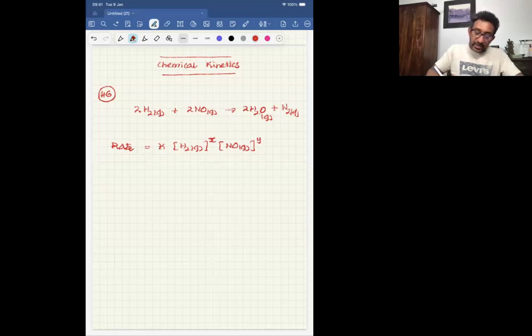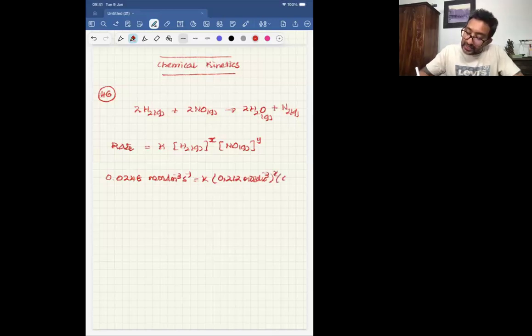Let us substitute the initial rate, 0.0248 moles per cubic decimeter per second is equal to k times 0.212 moles per cubic decimeter to the power x, 0.136 moles per cubic decimeter to the power y.